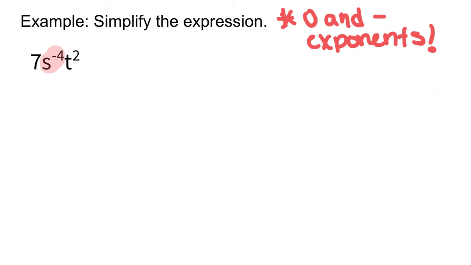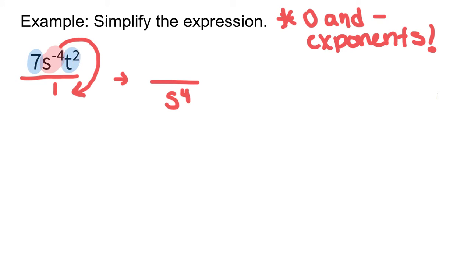So I'm going to take this, if I write it over 1, and the s to the negative fourth goes to the bottom. So it'll become s to the positive fourth, and then the 7 and the t squared stays on the top. So it becomes 7 t squared as our final answer.